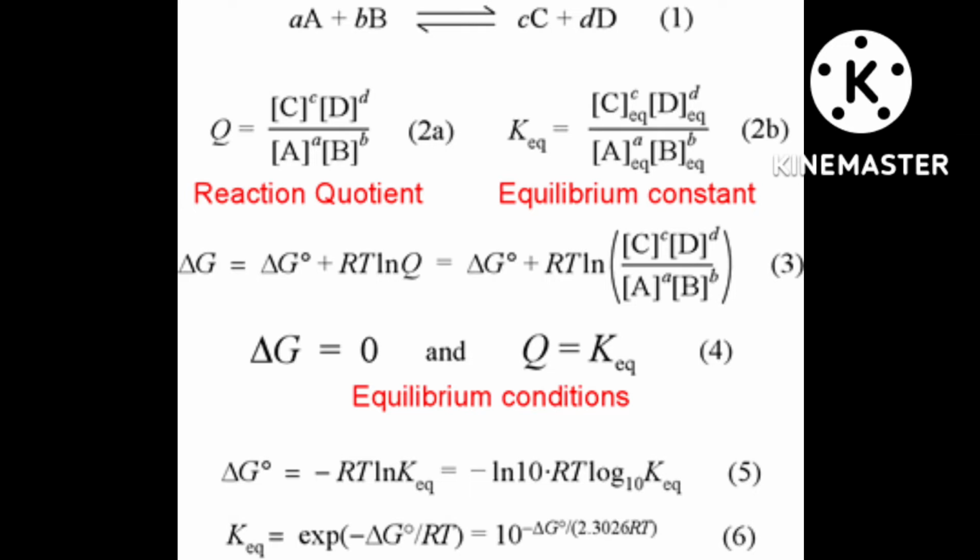Then K is equal to products divided by reactants: concentration of C into concentration of D, divided by concentration of A into concentration of B. That is called K.